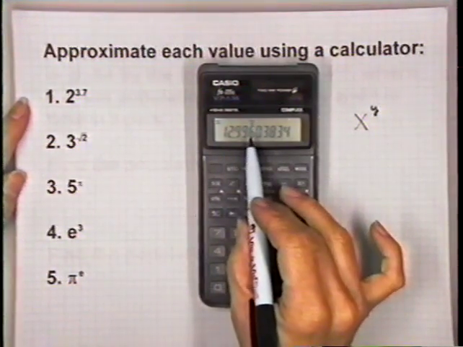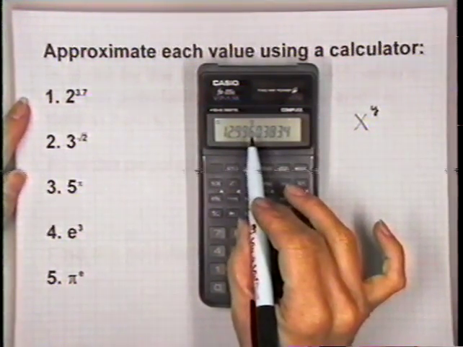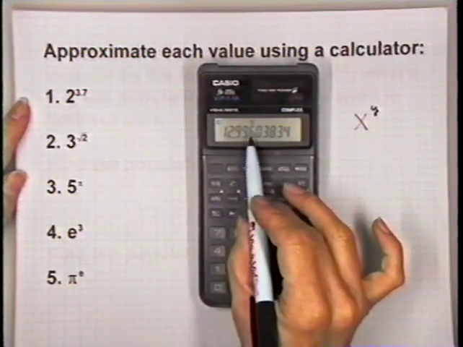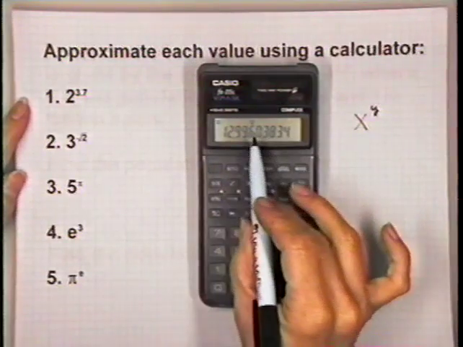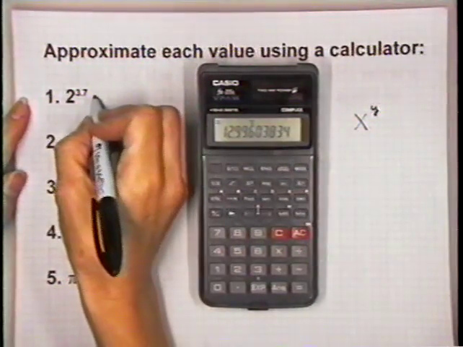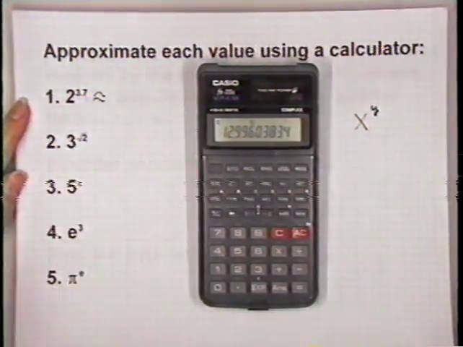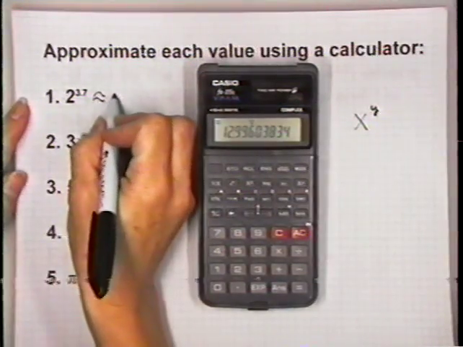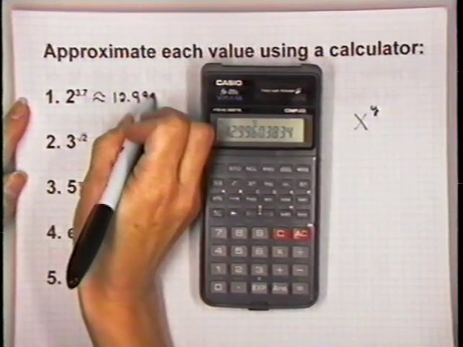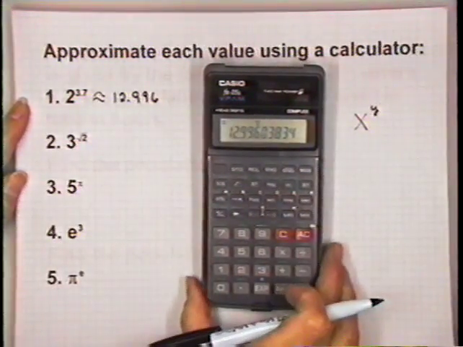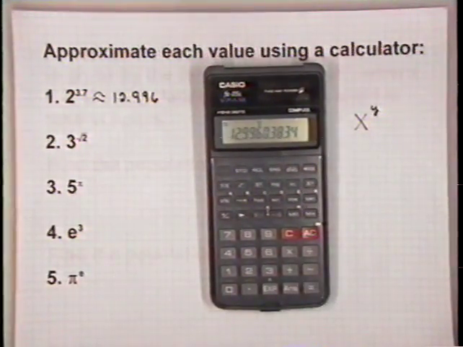The 6 is in that thousandths position, or the third decimal place. So looking just to the right of 6, I see a 0. So I will change all of these to zeros and keep the 6. So I'm going to say that this 2 to the 3.7 power is approximately 12.996.